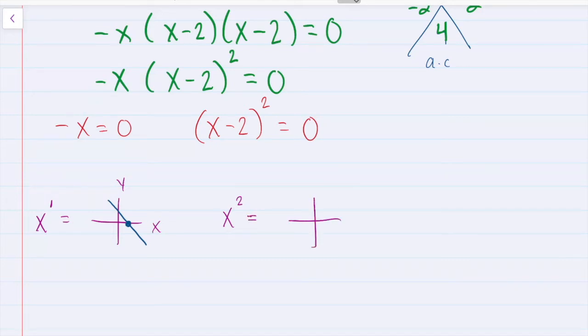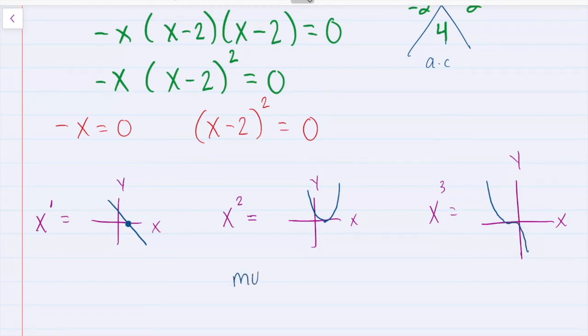So if it were to cross on the x, it's going to touch, but it's going to bounce like a parabola. That's multiplicity. And one more: if I had x to the third power, it's going to cross like an S. That is called multiplicity, guys. It all depends on the relationship as it's crossing the x-axis.